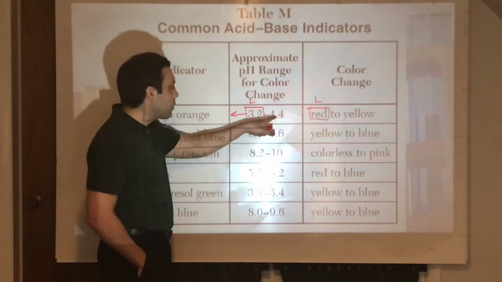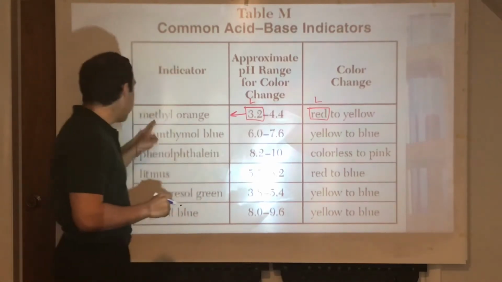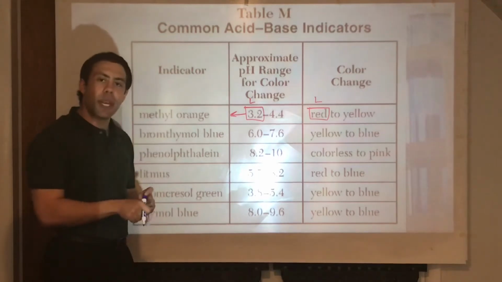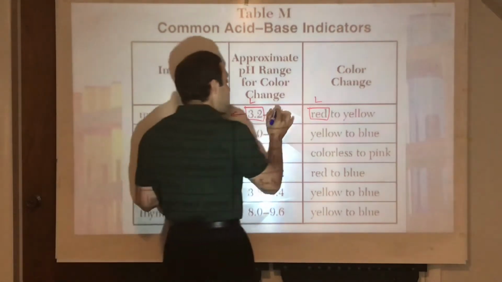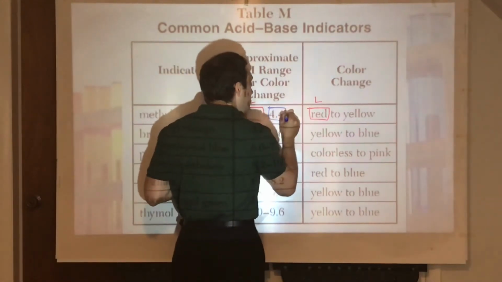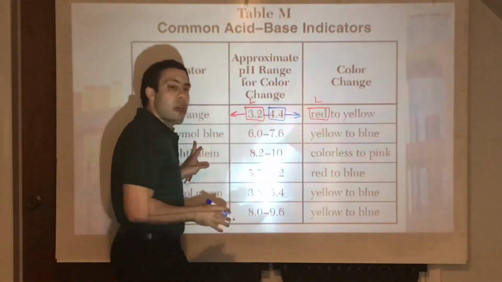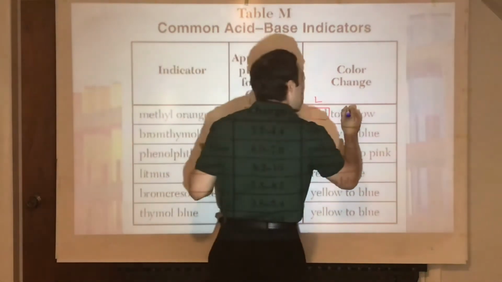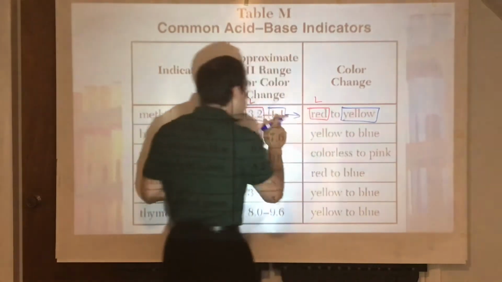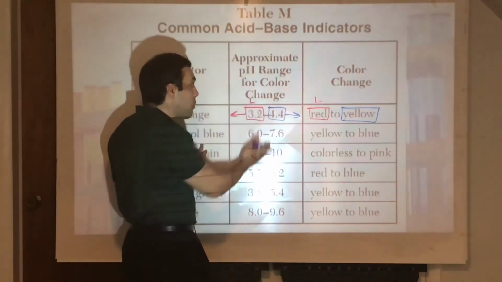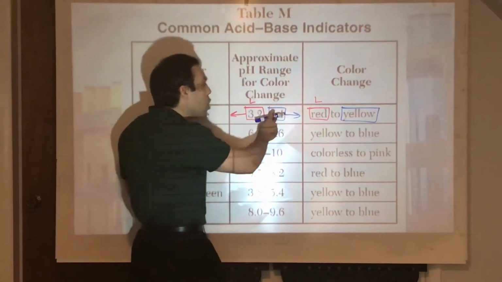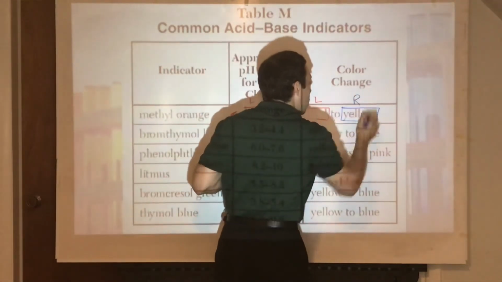Consequently, if methyl orange is placed in a solution with a pH of 4.4 or above, then the methyl orange will turn yellow. The number on the right of the middle column, the pH value on the right, corresponds to the color on the right.